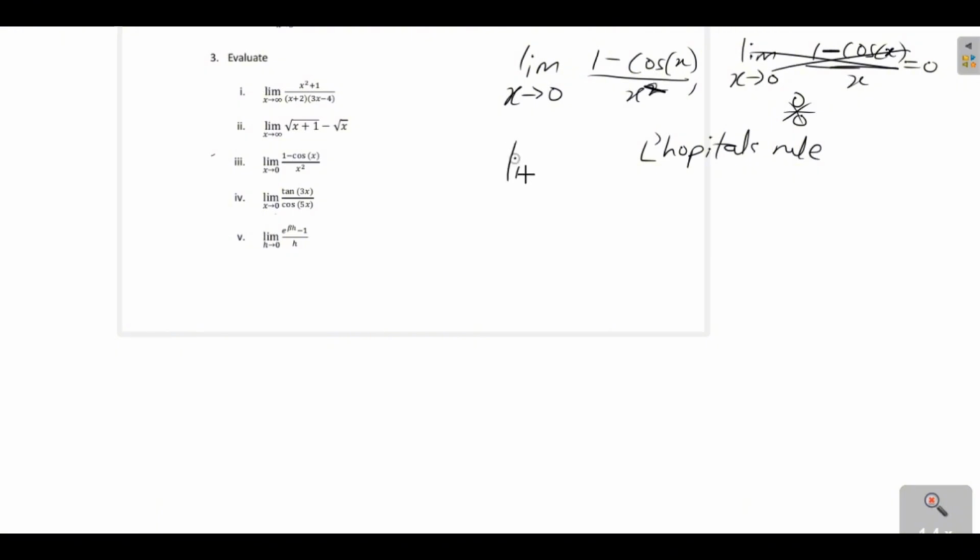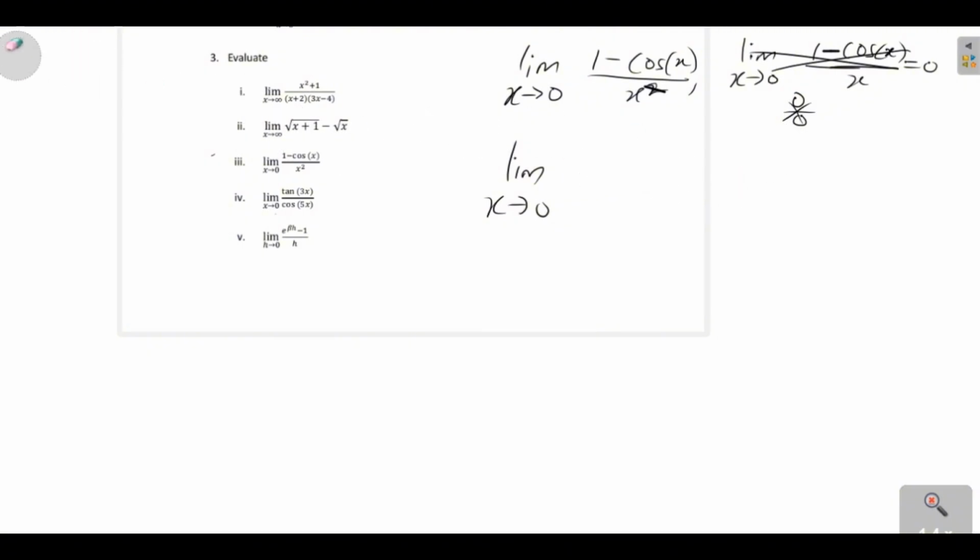So we are going to have the limit as x approaches 0. Now when I differentiate the numerator, if I differentiate 1, I'm going to get 0 because 1 is a constant, right? Then if I differentiate cos x, that will give me minus sine x. So I'm going to have minus the negative sine x. Let me clear this L'Hopital's rule from there.